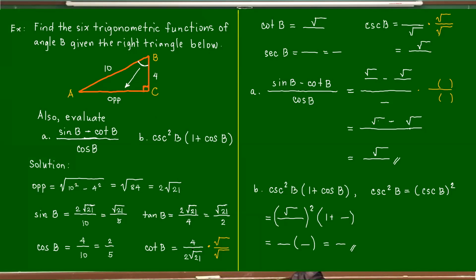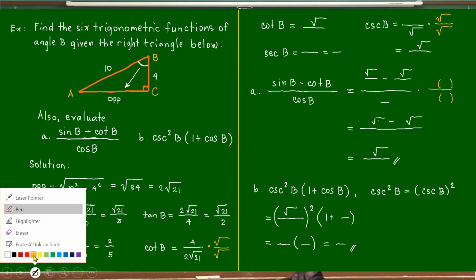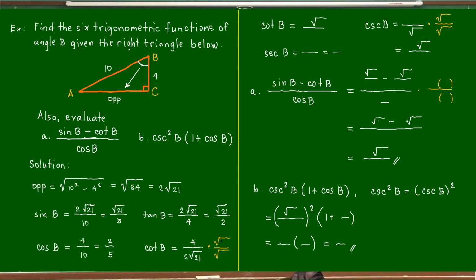Now, in algebra or in your previous lower math, if you have a radical in the denominator, we have to get rid of that. So how to rationalize the denominator? We're going to multiply both the numerator and denominator by square root of 21. So this is equal to 1.